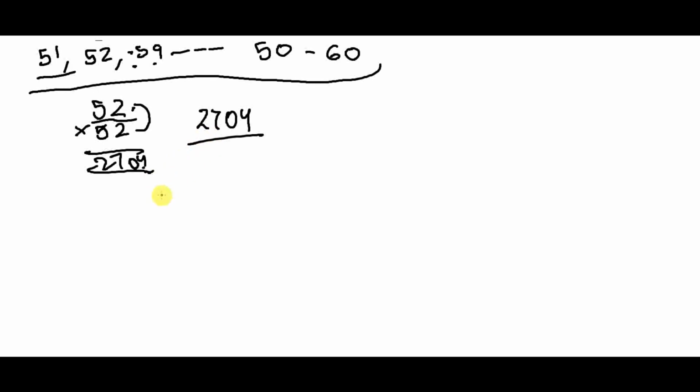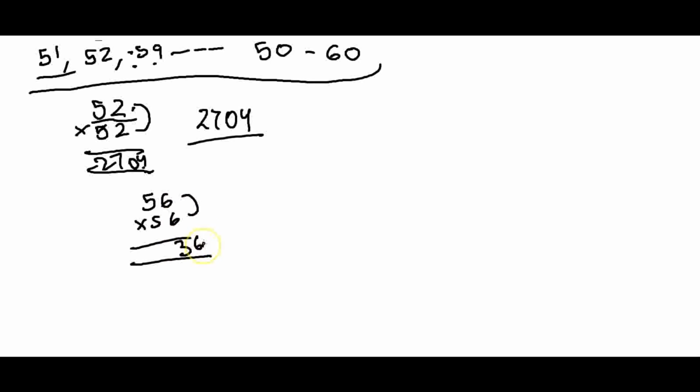Let's proceed with another one. 56 multiplied by 56. As we can see here, 6 multiplied by 6 is 36.